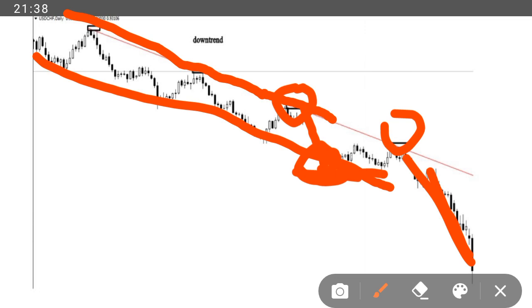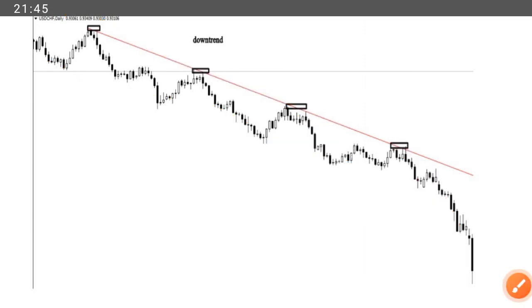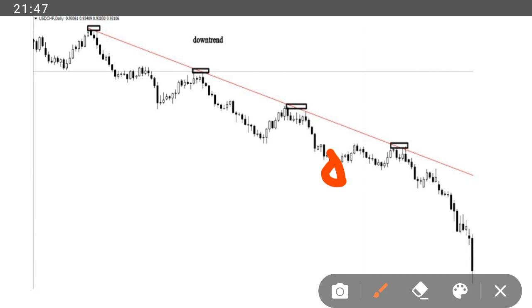Some people will also enter the market here. Why? Because they believe it will go up. But that is not advisable because this is a downtrend. So it is better to sell. In a downtrend, you sell, don't buy. Some people buy and make profit. It depends on your level.